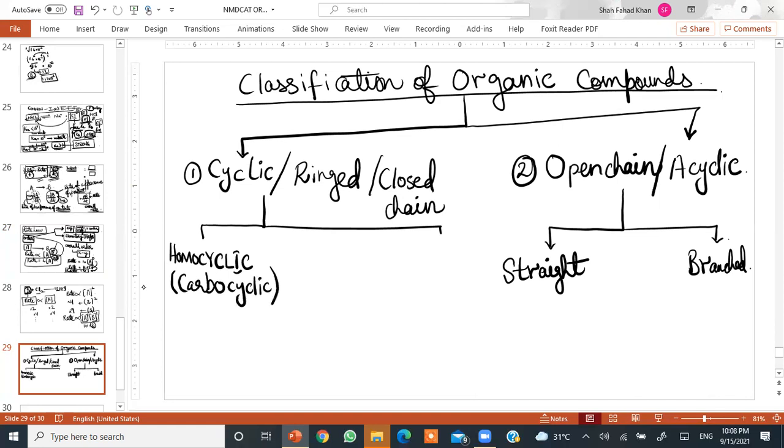Carbocyclic means carbon atoms are forming the cyclic structure, the ring. Or the second category is heterocyclic, meaning you have more than one type of atoms in the ring. Heterocyclic, directly involved in the ring. Okay.